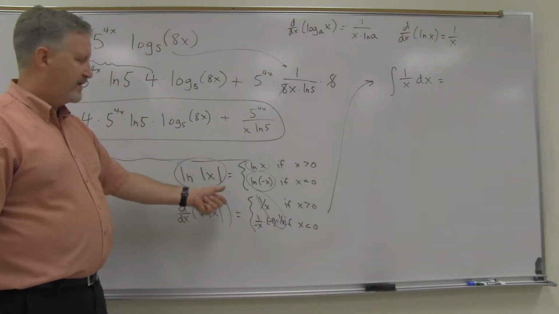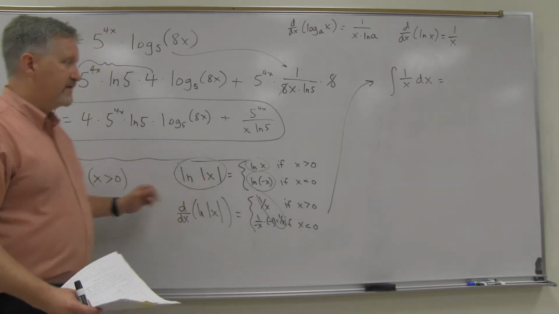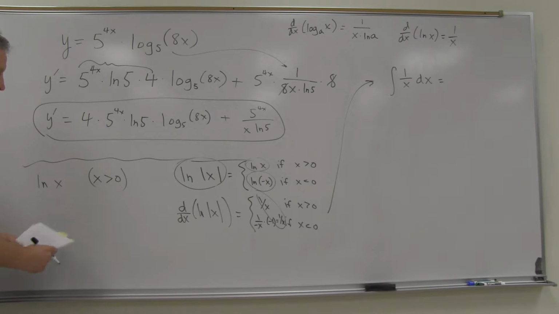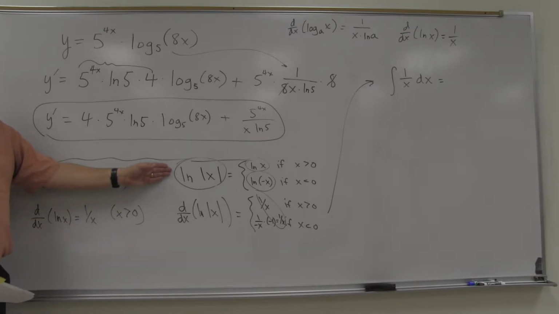You see, that's a better function than this is. It's kind of the same thing, that's 1 over x, except x has to be greater than 0. So we could say it's just ln of x, but isn't ln of absolute value of x better?